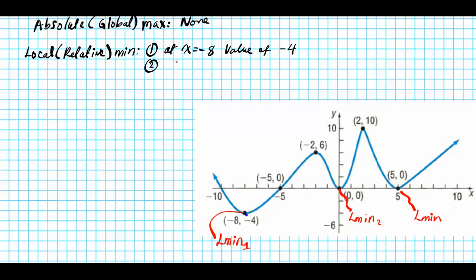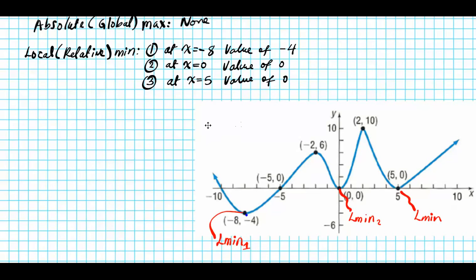Next, we have a local minimum at x equals 0, and the value of the relative minimum there is 0. Last but not least, we have a local minimum at x equals 5, and the value is the same as the other one, a value of 0.